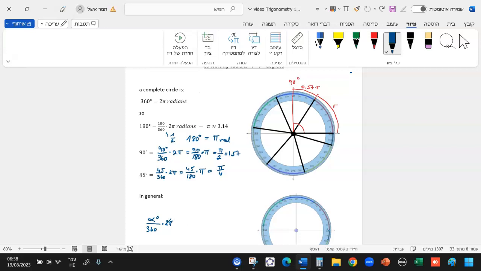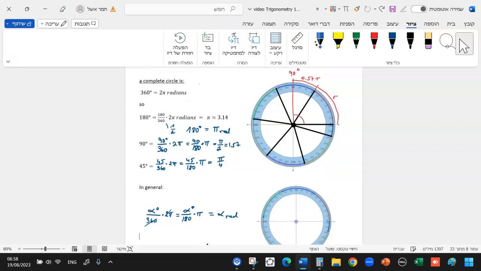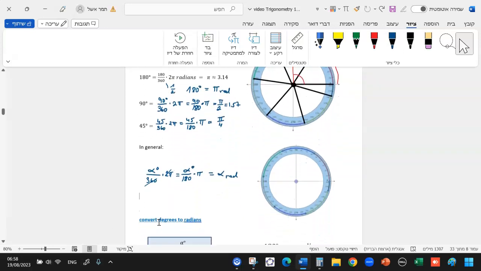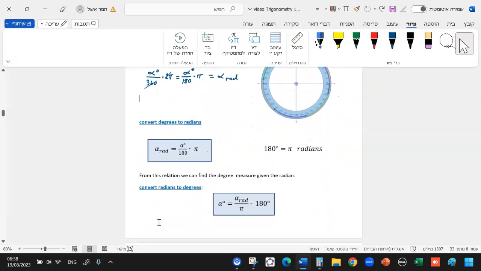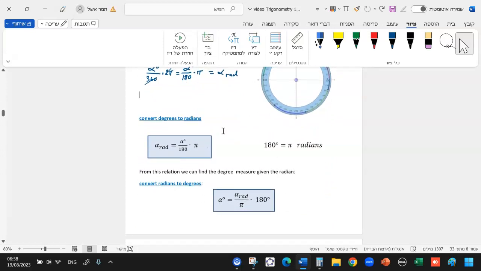Of course, the 2 and the 360 is reduced, so we can look at it as alpha in degrees out of 180 times pi. This will be more convenient. And this is the angle in radians. So this is our converting formula. From degrees to radians, we take the proportion out of 180 times pi.